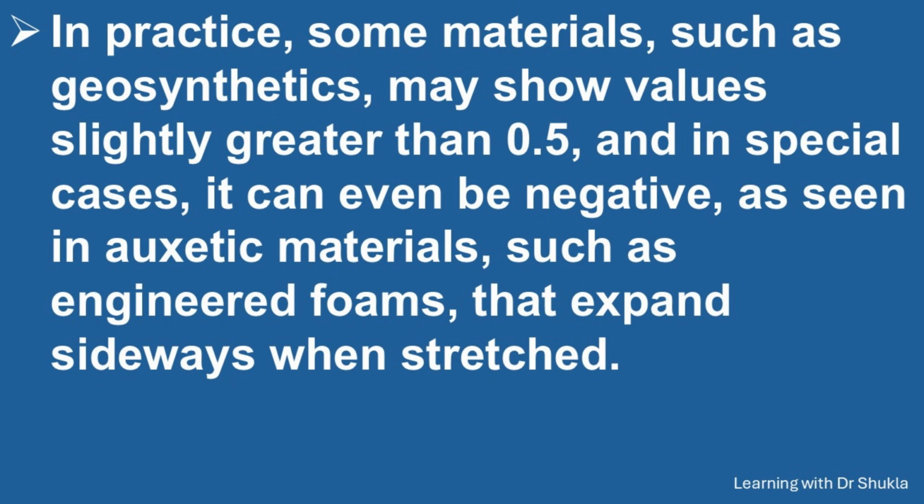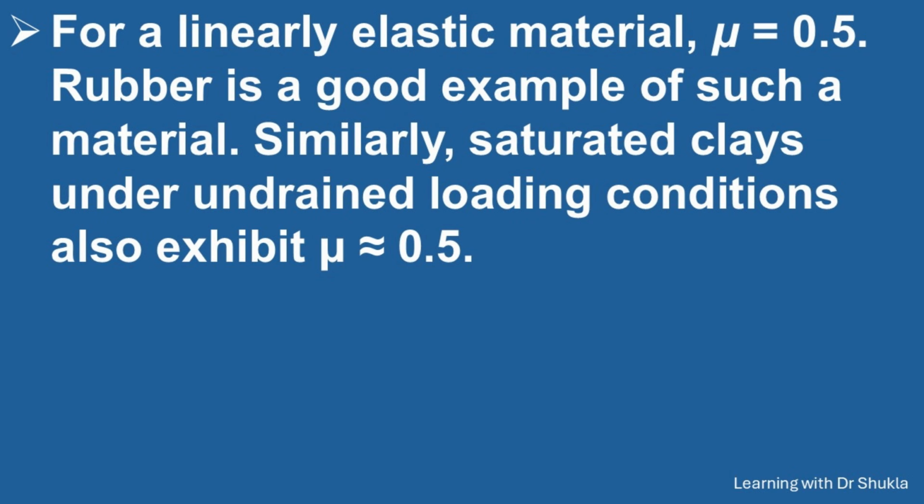In practice, some materials such as geosynthetics may show values greater than 0.5, and in special cases it can even be negative, as seen in auxetic materials such as engineered foams that expand sideways when stressed.